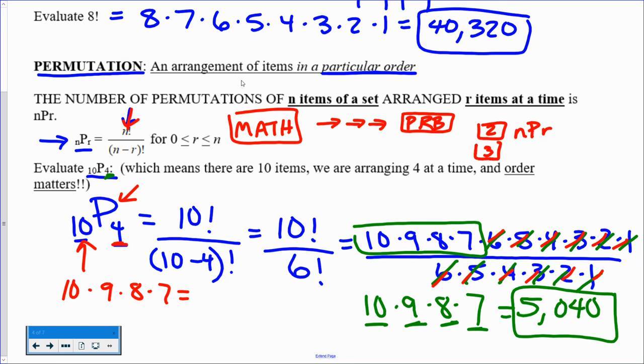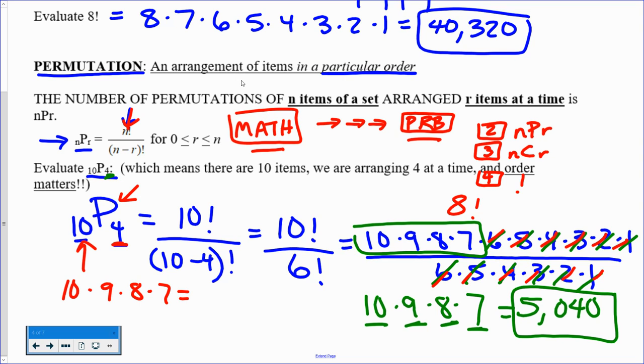The third button is nCr, which we'll look at next. The fourth button is an exclamation point, so that's your factorial button. So you can calculate, like we did 8 factorial above, you would just type in 8, you go to math, arrow over to PRB, select 4 to calculate 8 factorial. So you can do that as well.